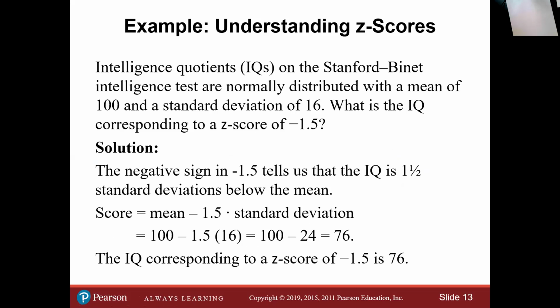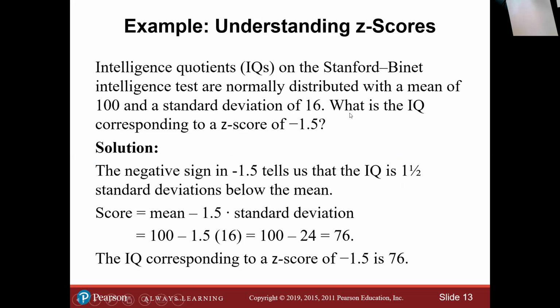This example with IQs is very common, and it's a common application of the normal distribution. So we have this bell curve of IQs. The mean is 100, the standard deviation is 16. What is the IQ corresponding to a z-score of negative 1.5?